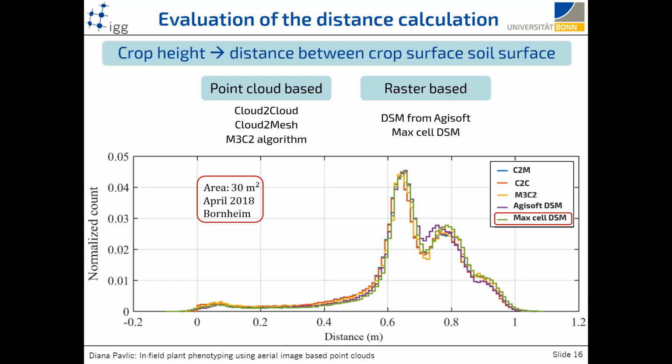But here we want to emphasize that using a direct export from some structure from motion software is maybe not the best idea, because we don't know what the algorithm does. If we do the rasterization ourselves, we can be sure about the proper representation.